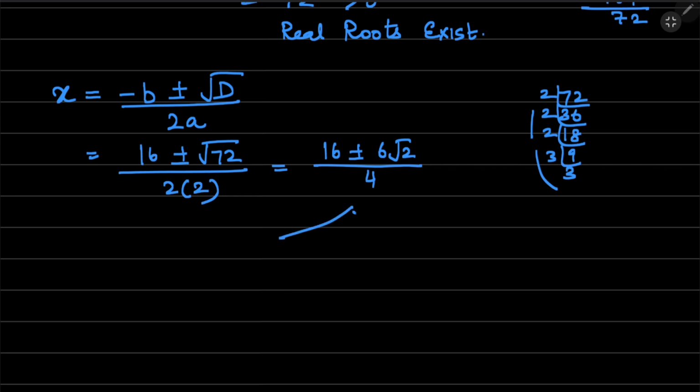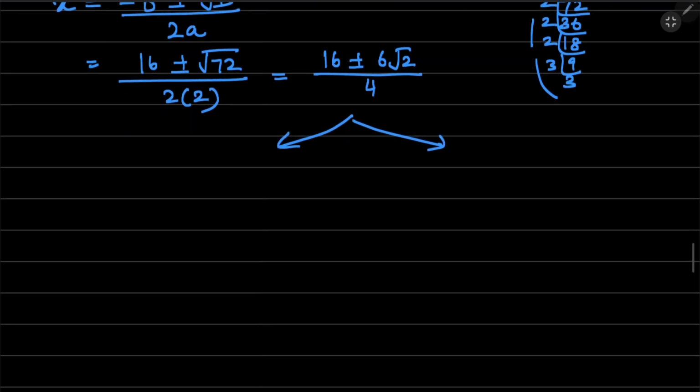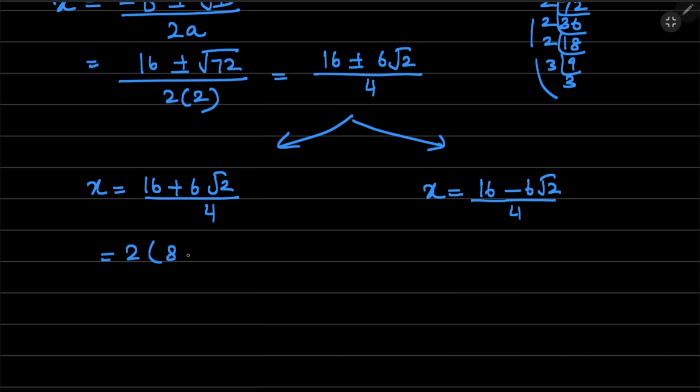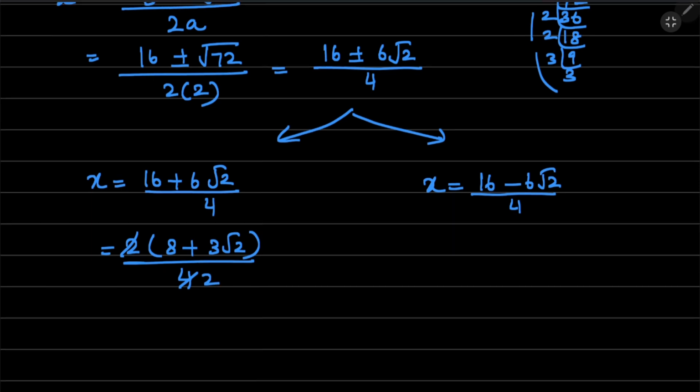Okay. So the two roots are x is equal to 16 plus 6 root 2 by 4 or x equal to 16 minus 6 root 2 by 4. Take 2 common out. So what did you get? 8 plus 3 root 2 by 4. So you can cancel it by 2.